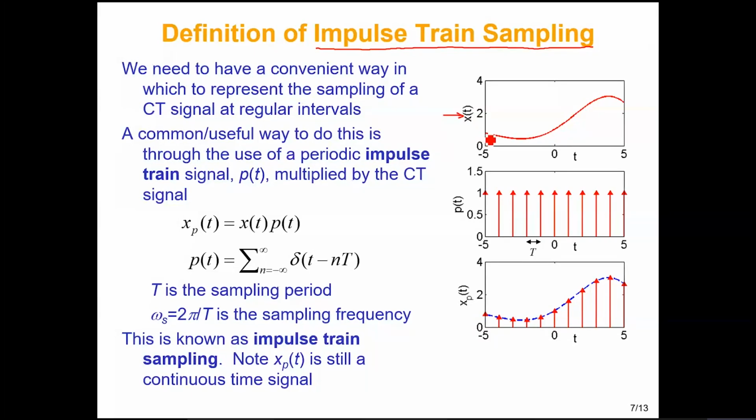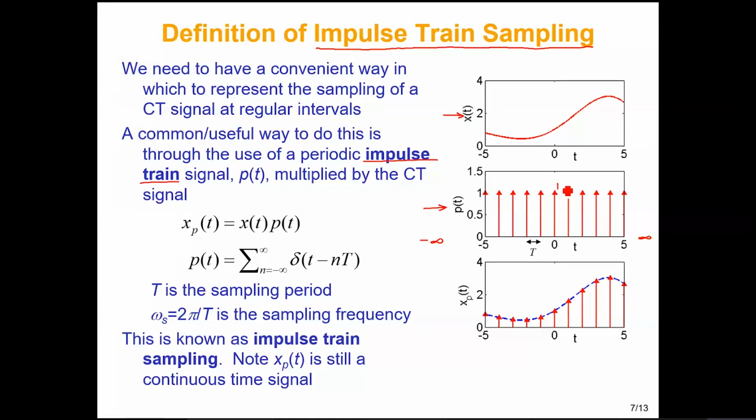whatever that signal is, is multiplied by an impulse train p of t. This impulse train p of t is the main thing with which we do impulse train sampling. This is basically an infinite set of impulses, each having value 1.